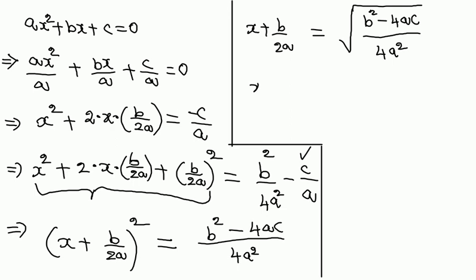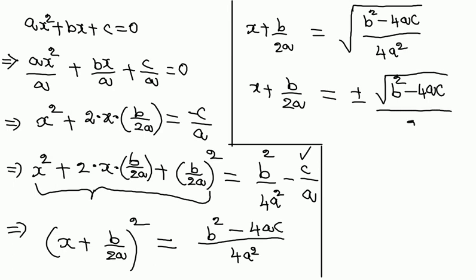So now x plus b by 2a is equal to, here 4a square has a square root, plus 2a or minus 2a. Two possible cases we can get here. So plus or minus square root of b square minus 4ac whole divided by 2a.